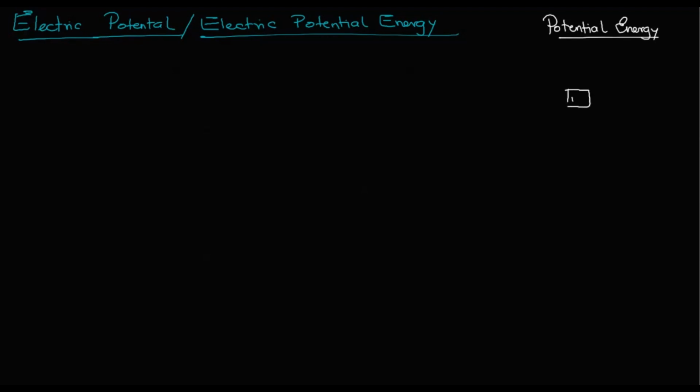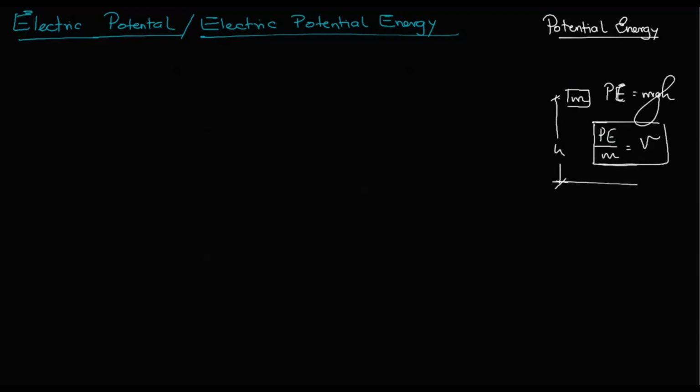So if I have a mass m, and if it is at a height of h from the ground level or zero potential level, whichever we define as zero potential level, we say the potential energy is mgh, right? So that is the potential energy, and we know that. So what is a potential? So potential is basically if I divide this potential energy by whatever the mass of the object, then that is what we call the potential, and the potential is given by capital V. It is not V, the velocity anymore, it is potential, right?